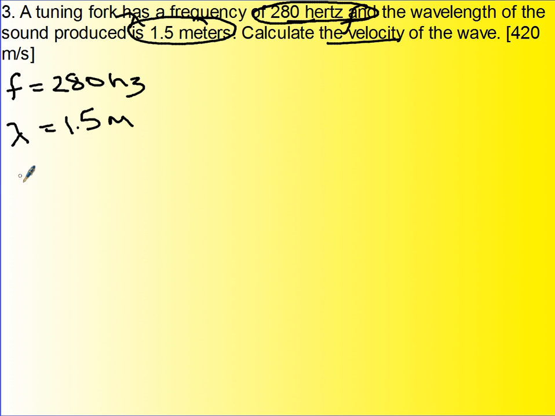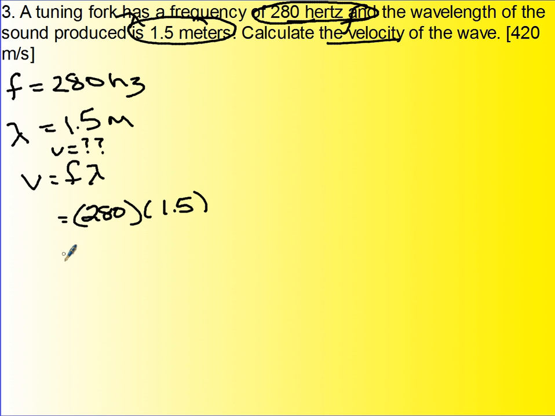Calculate the velocity. V equals F lambda. So I'm looking for velocity. Don't forget your unknown there. So it's 280 times the wavelength, which is 1.5. That's 420 meters per second.